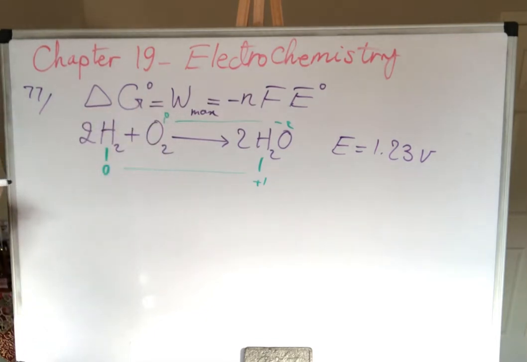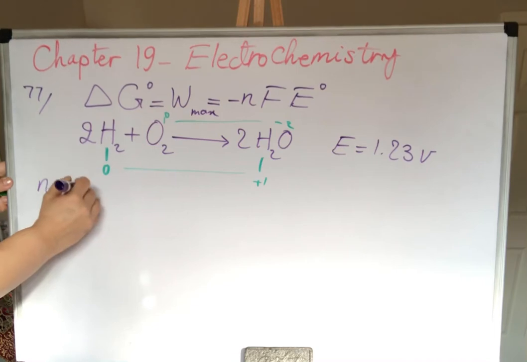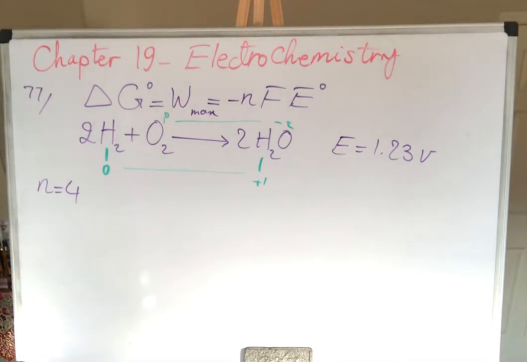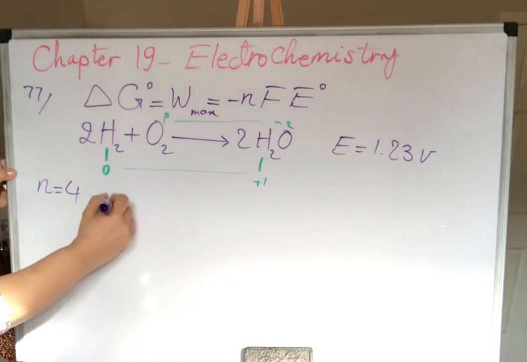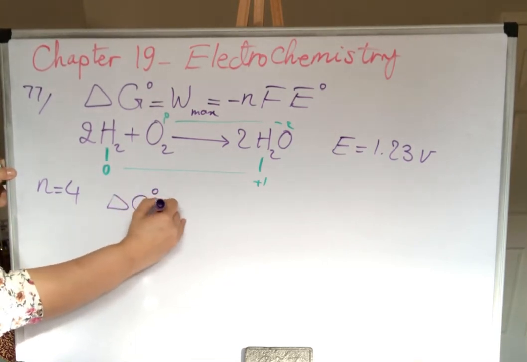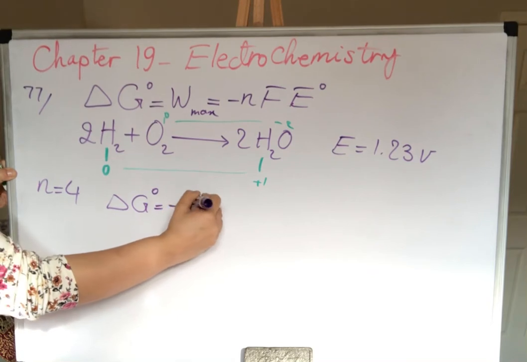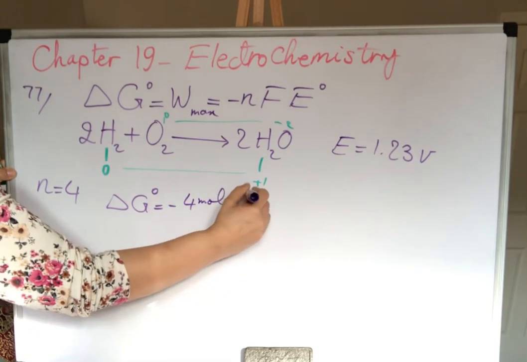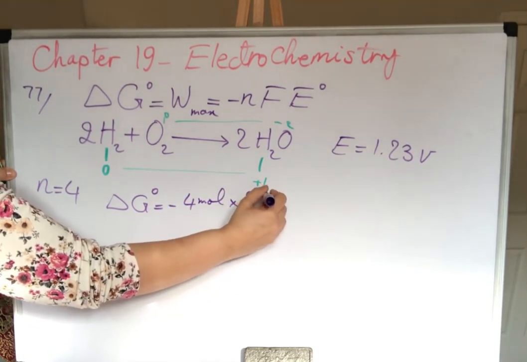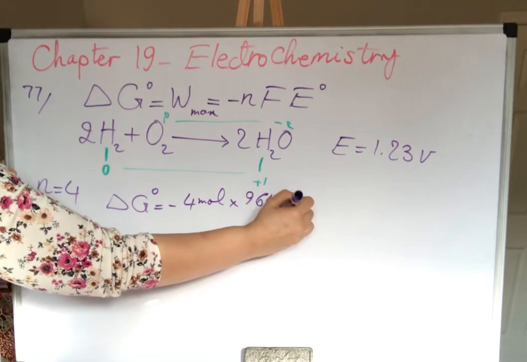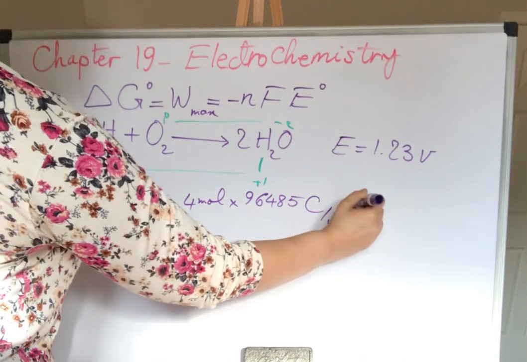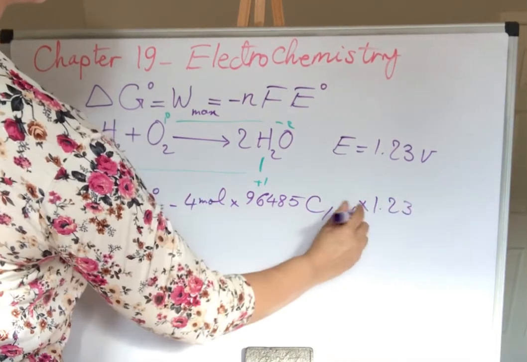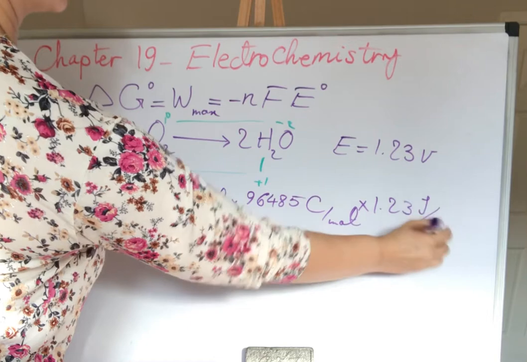If you break it down to 2 half reactions and balance it, n is going to be 4, and E is 1.23. So delta G standard for this cell is going to be minus 4 moles of electrons times 96,485 coulombs per mole times 1.23 joule per coulomb.